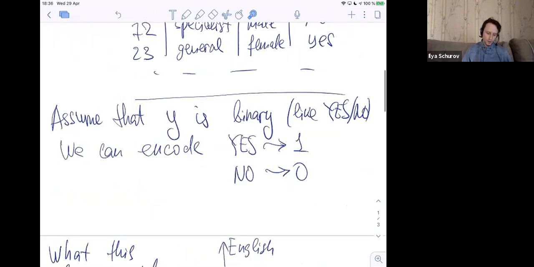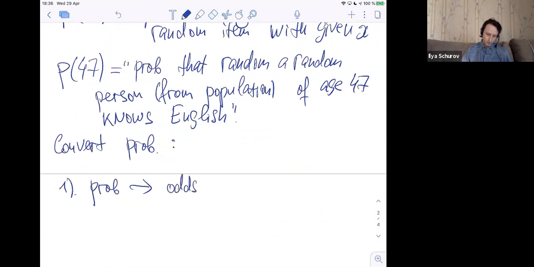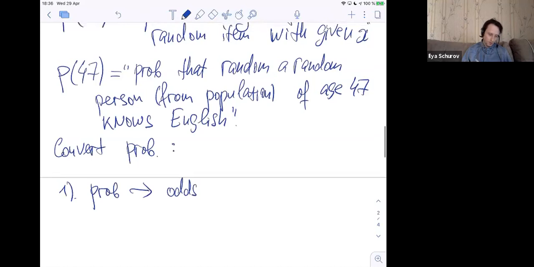And this is done in 2 steps. The first step is the following. I convert probabilities to chances, called odds. What are odds?